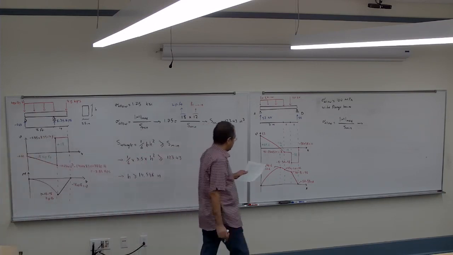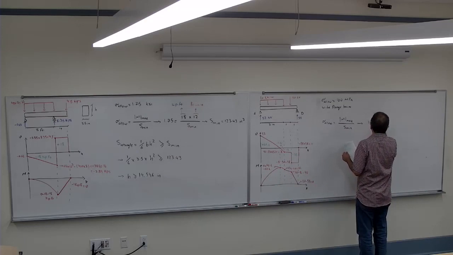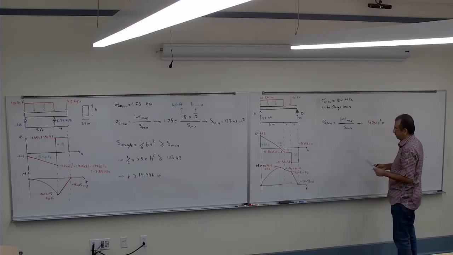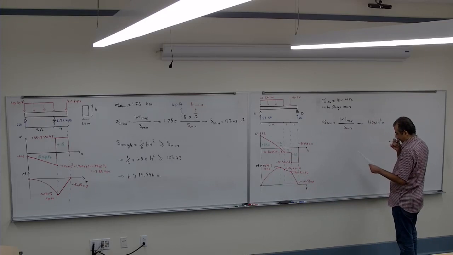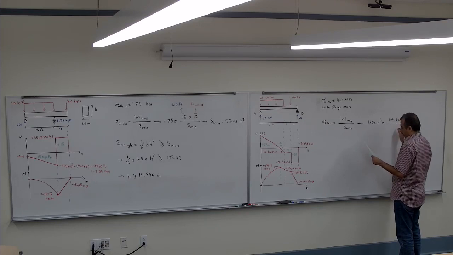It's 160 megapascal. 160 megapascal is equal to the M, which is 67.6 times 10 to the 3, divided by S minimum.